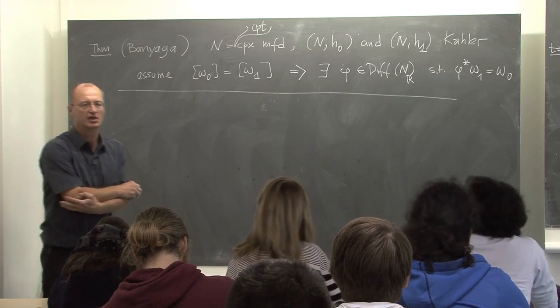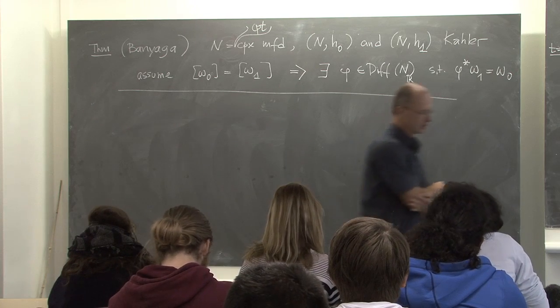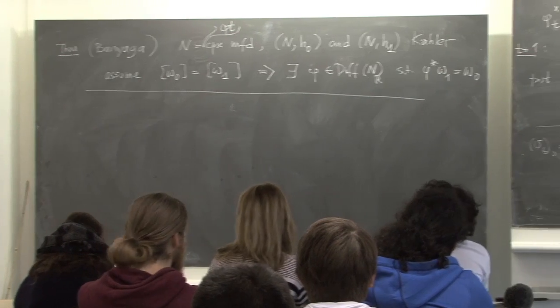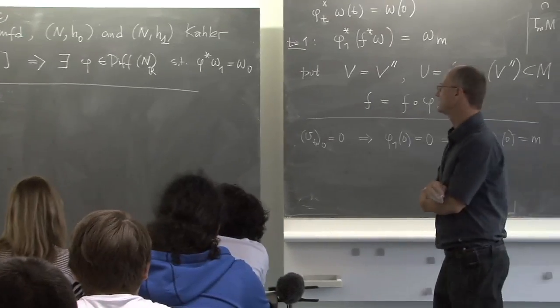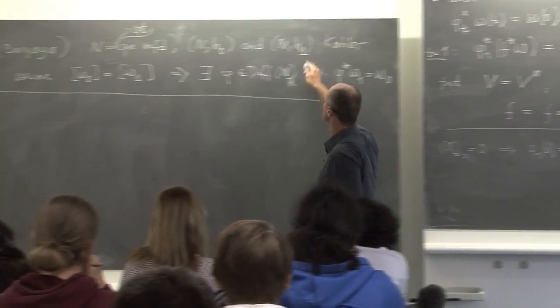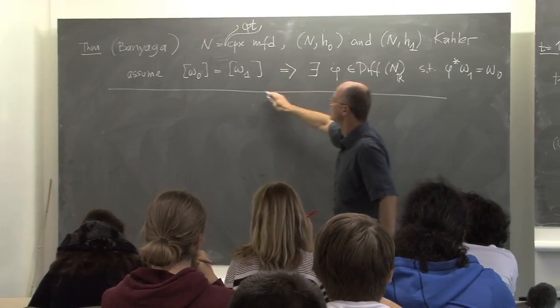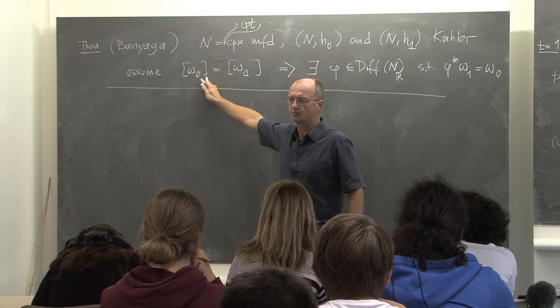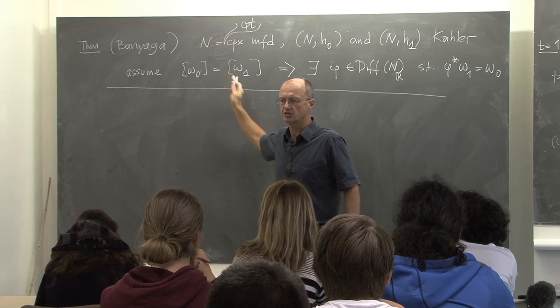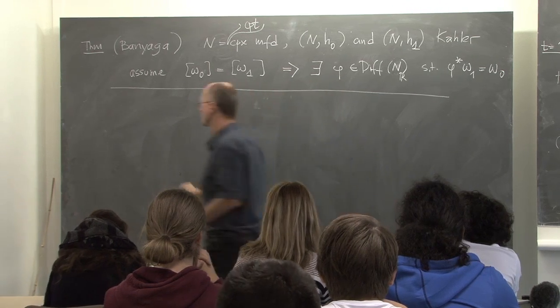Now you see it's a very, very strong statement. It basically tells you that for two Kähler structures on the same compact manifold, you only need to compare the cohomology classes. You don't need to do anything else.